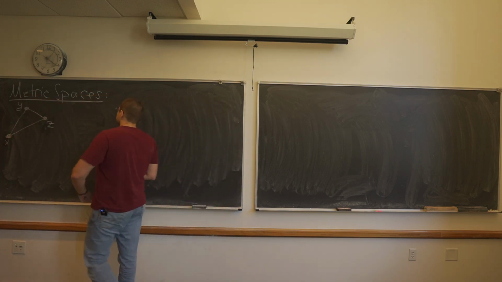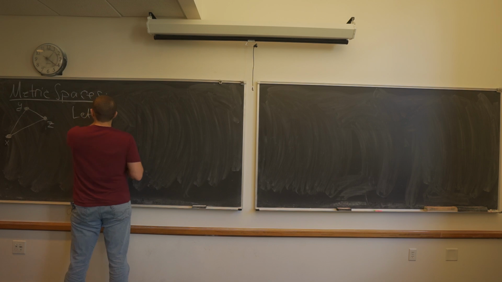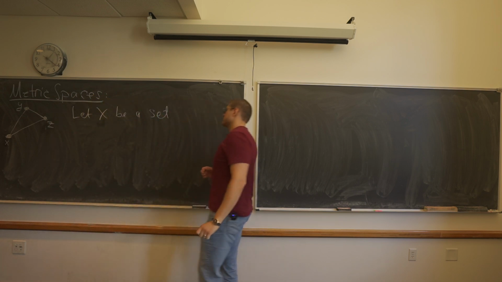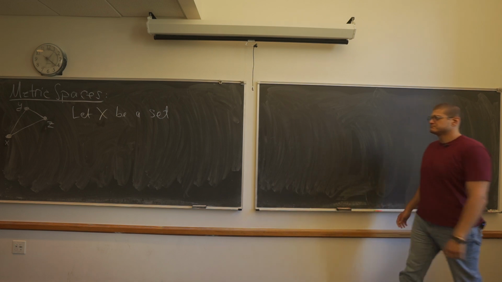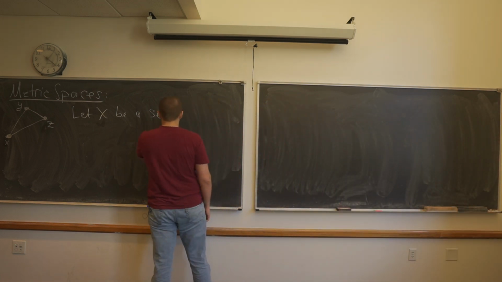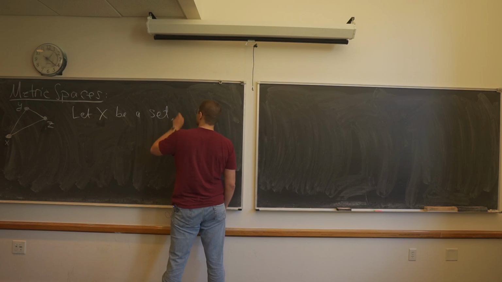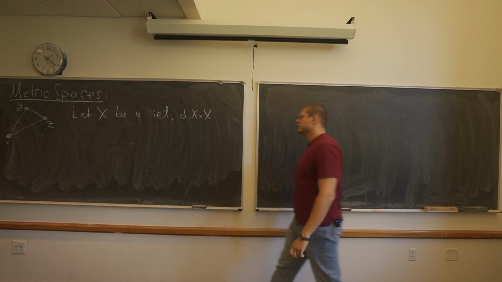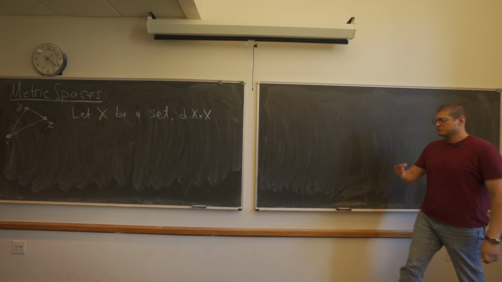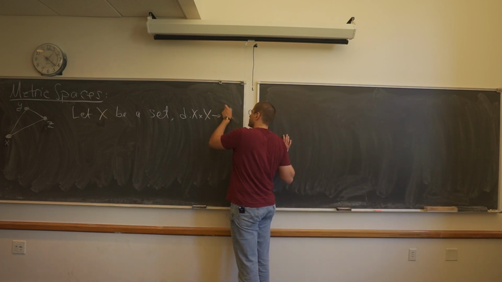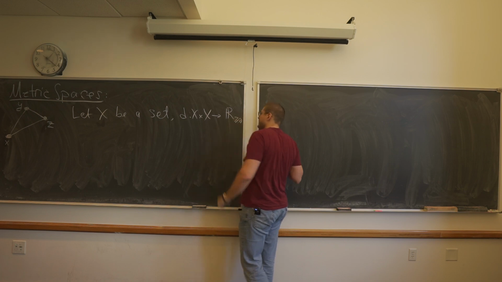So let's start like this. Let X be a set. It's a bunch of things. And let's say that D is a function that takes 2 points in this set, 2 elements, and associates to them a non-negative number.